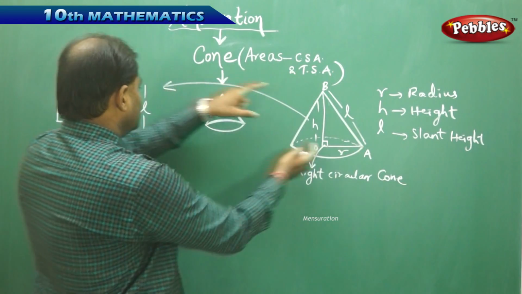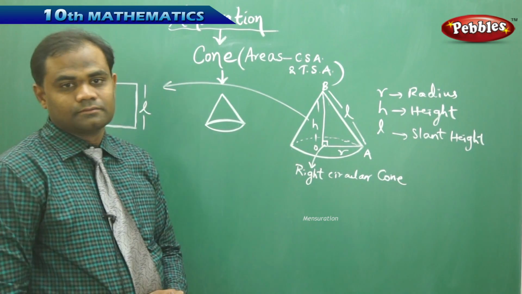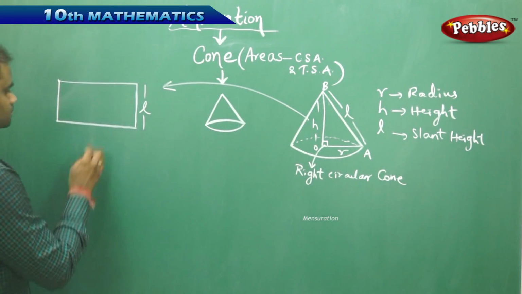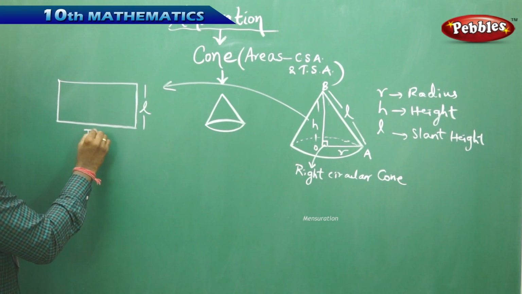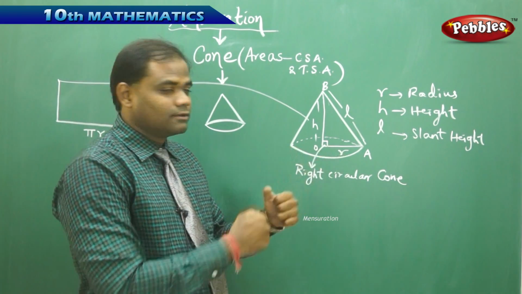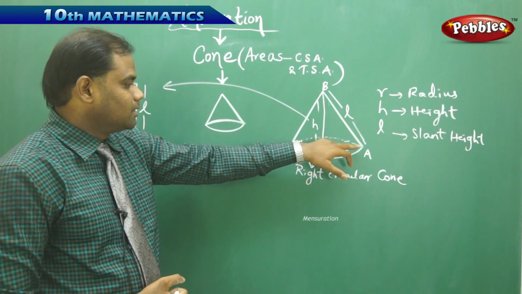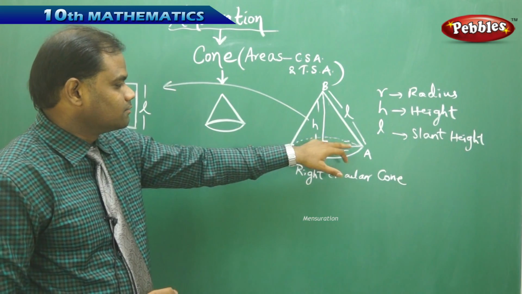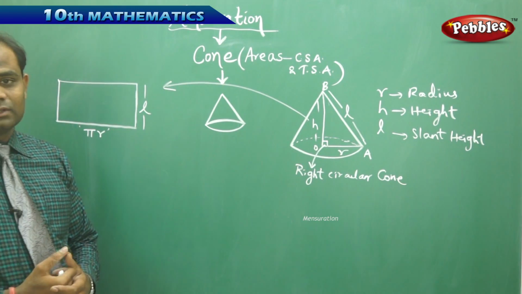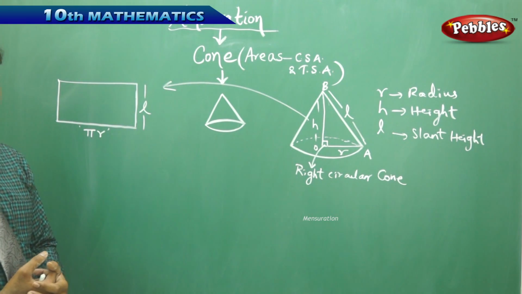So this L acts as the width when I stretch it flat on the ground. And here, when I stretch, I get half of the circumference, which is on the base, becomes pi r, because for the semicircle the circumference is pi r, that is pi r into L.